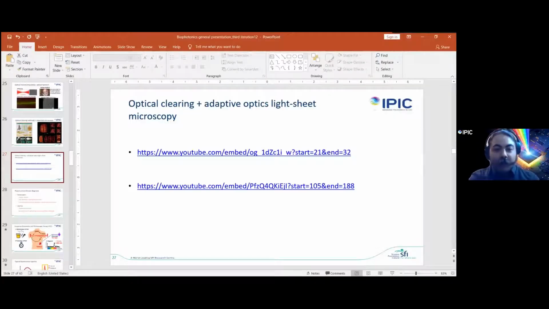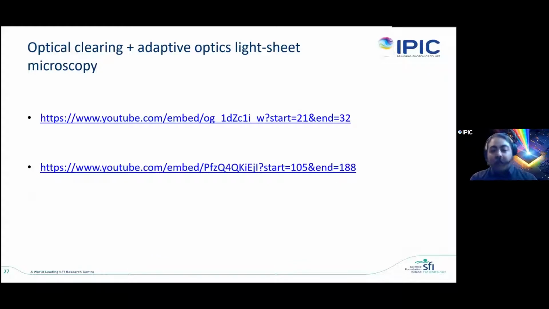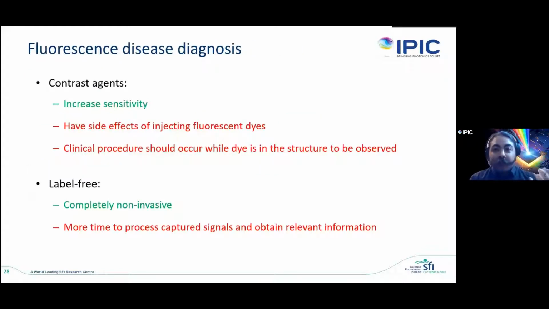If we come back to our presentation, then we not only have microscopy, but we can also have optical techniques on a larger scale. Now, in fluorescence disease diagnosis, where we probe biological tissues, we have two types of techniques.